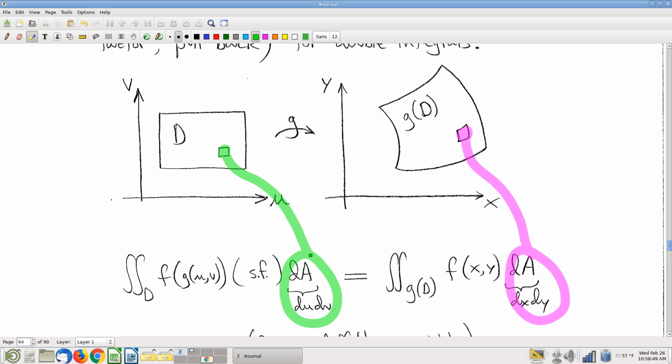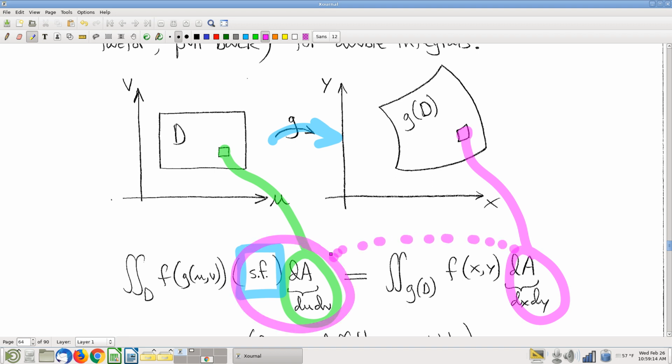So du dv. Right? And the relationship depends on how much this function stretches things out. That function is going to stretch areas by some factor that we haven't figured out yet. I don't know what that is, but once we identify it, we'll be able to just rewrite xy area in terms of u's and v's by just knowing the stretching factor.